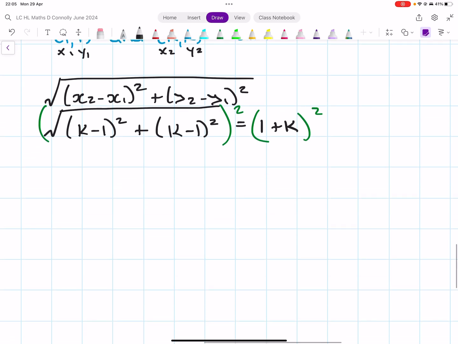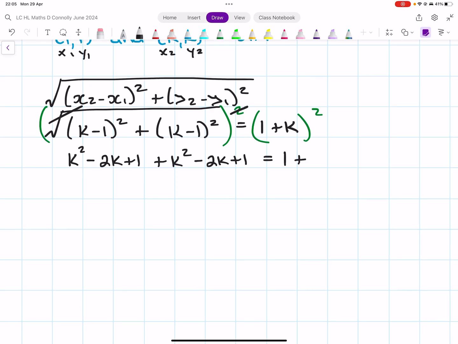So I get (k minus 1) squared is k squared minus 2k plus 1, and then again k squared minus 2k plus 1. The square cancels the roots. And on this side, it's (1 plus k) squared, so 1 plus 2k plus k squared.